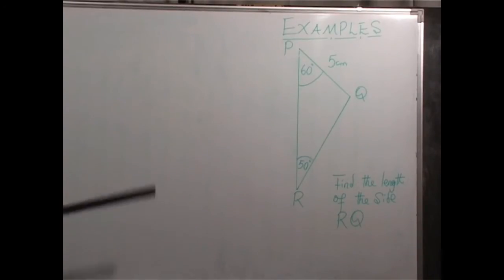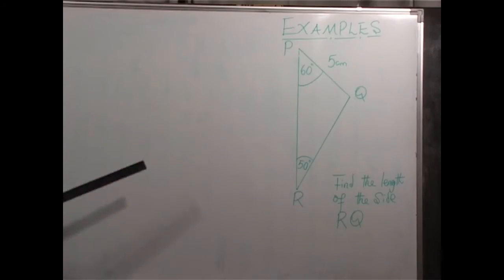I want you to use the capital letters P, Q, and R, and the small letters p, q, and r, and state the sine rule in as far as this triangle is concerned.